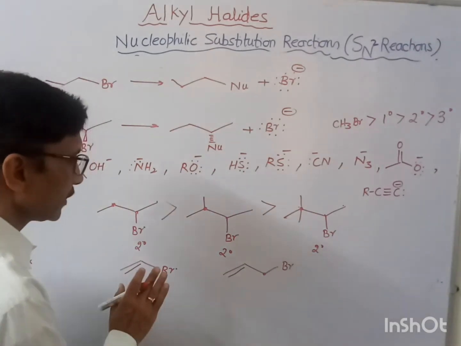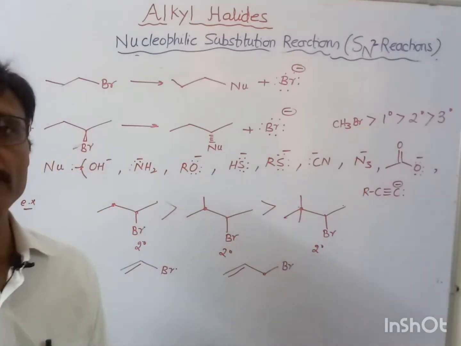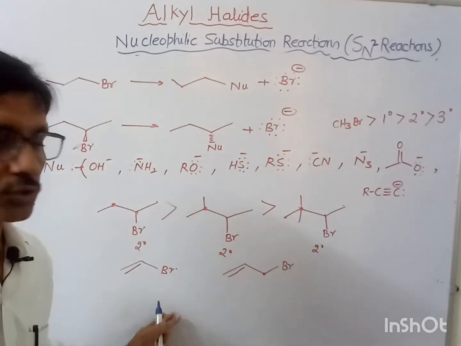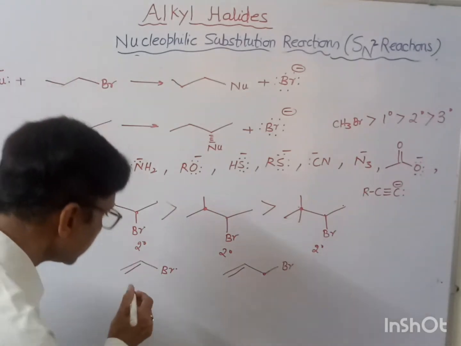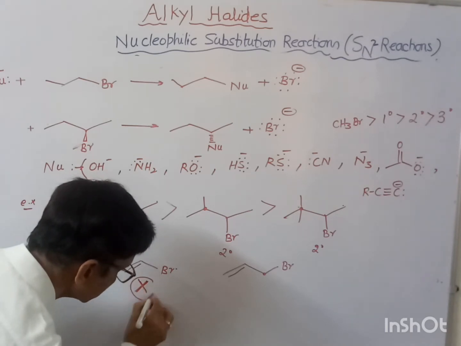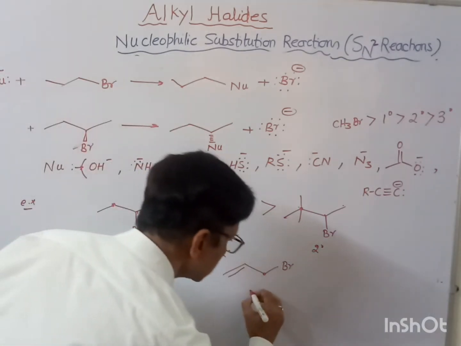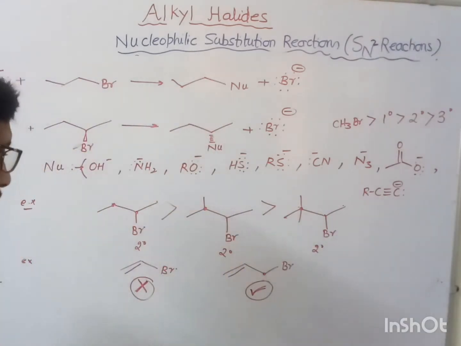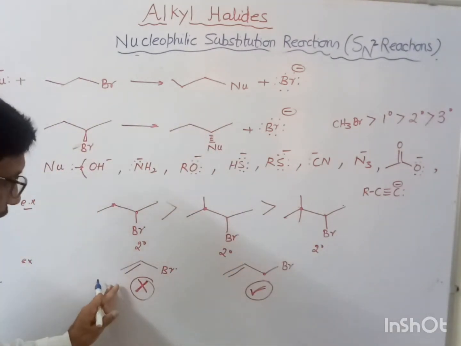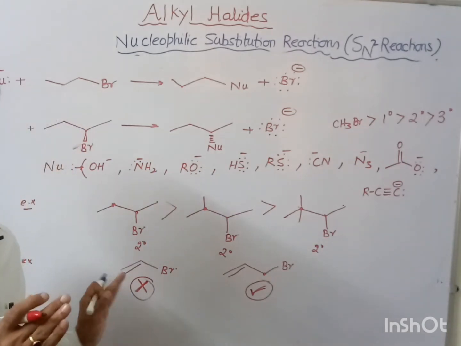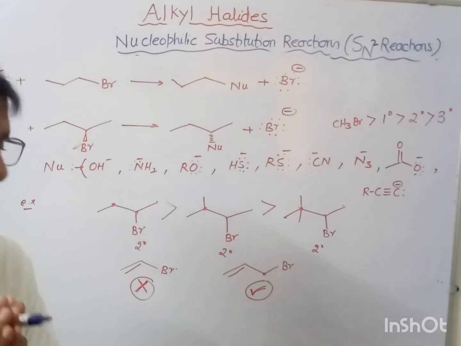So which one will give the nucleophilic substitution, either this one, or both? In this case, this vinyl bromide will not give the nucleophilic substitution reaction, whereas this allyl bromide can give the substitution reaction. So what I told you in the example, the substrate molecule should be sp3 hybridized.